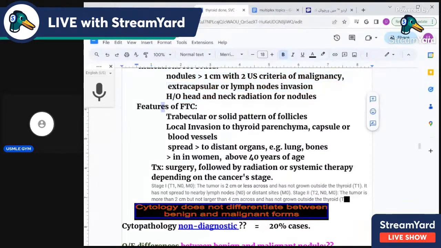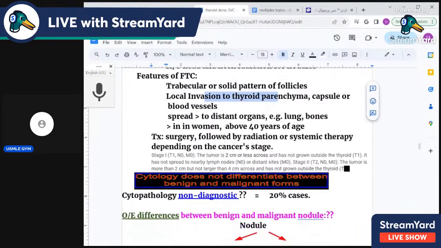Now, the features of follicular thyroid carcinoma, which occurs in a cold nodule in 10% of cases, are a trabecular or solid pattern of follicles, and local invasion of the thyroid parenchyma, capsule and blood vessels. Follicular thyroid carcinoma spreads more to distant organs, lungs and bones.